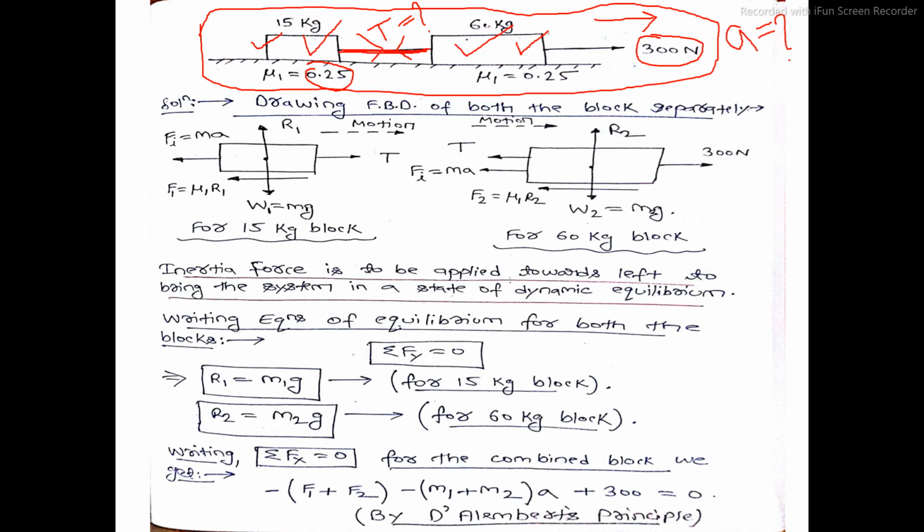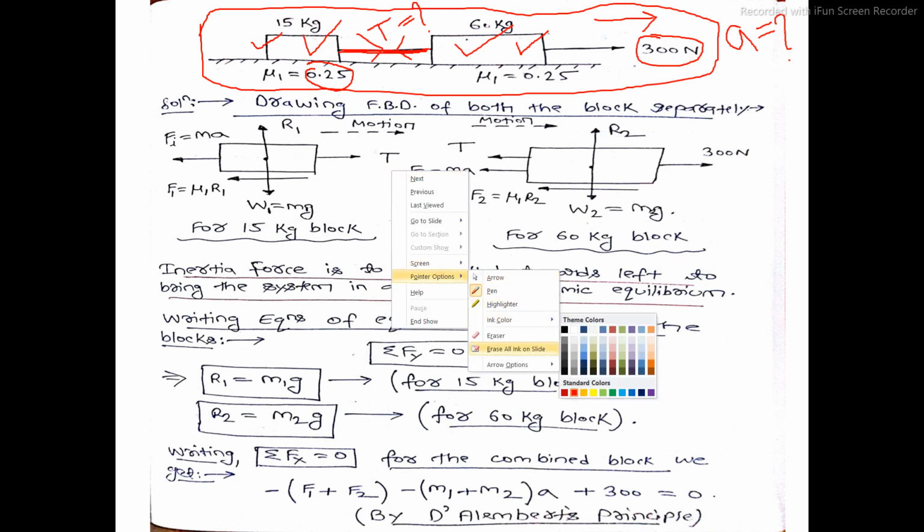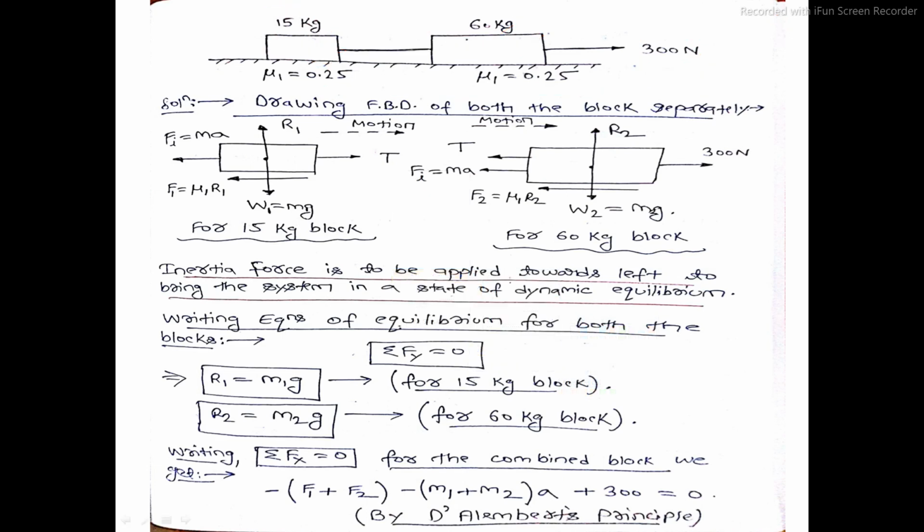Then we need to write down the dynamic force equilibrium equations considering the inertia force for both blocks, and then find the value of the common acceleration with which both blocks will move in the right direction, as well as the tension present in the string. So let us draw the free body diagram of both blocks.